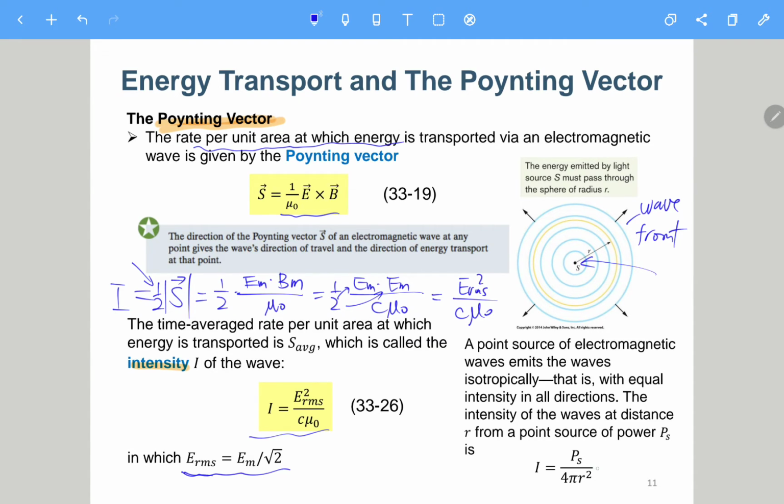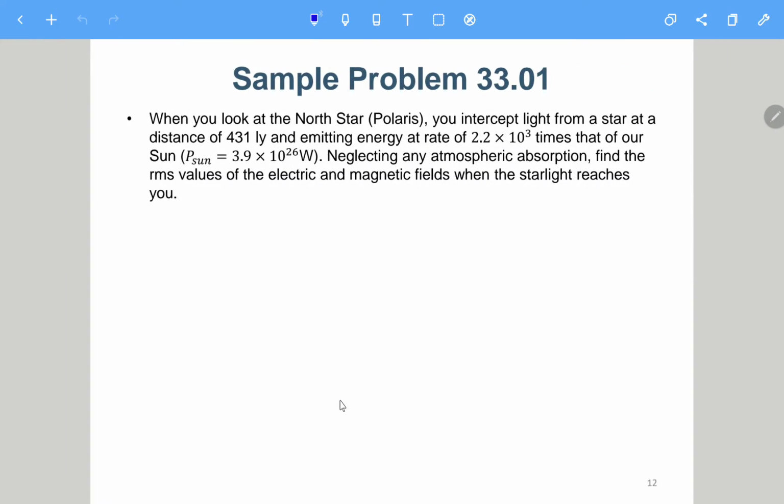So PS over the surface area of a sphere, which is 4 pi r squared, will be the intensity. Intensity means the power at a single point there. So the intensity in terms of ERMS is like this, and also in terms of the power, so we can equate this one and this one, and then find the relationship between the power and the E field.